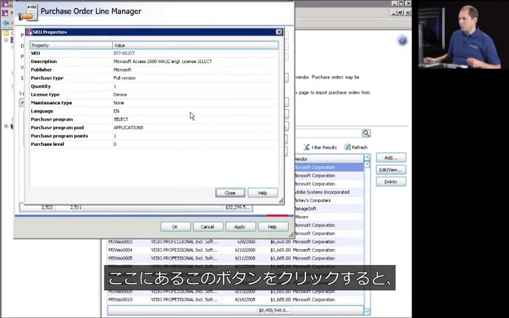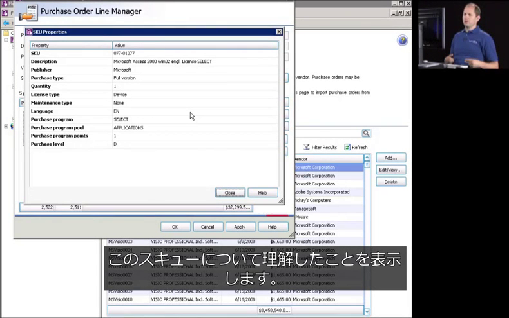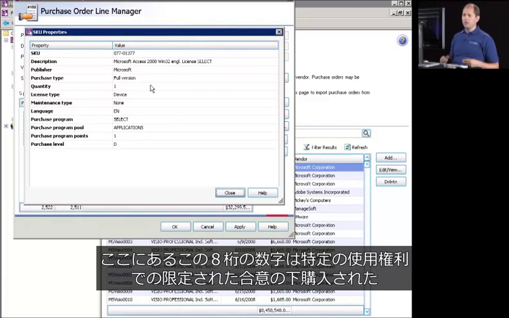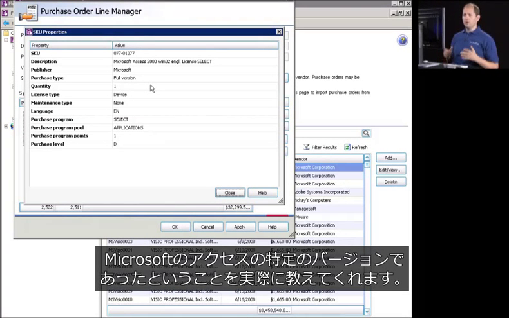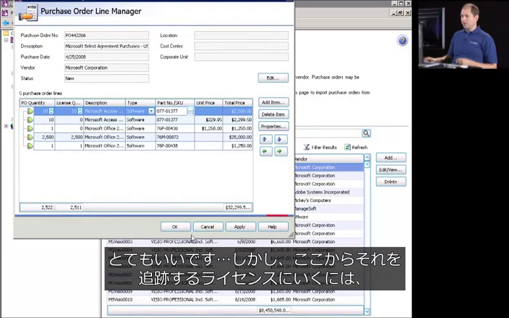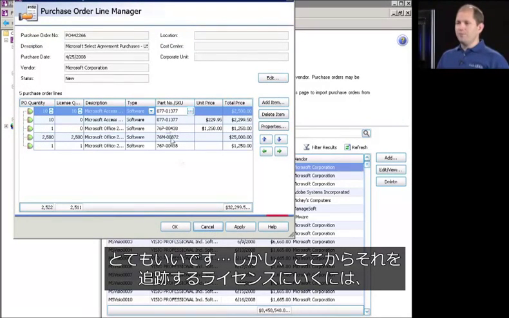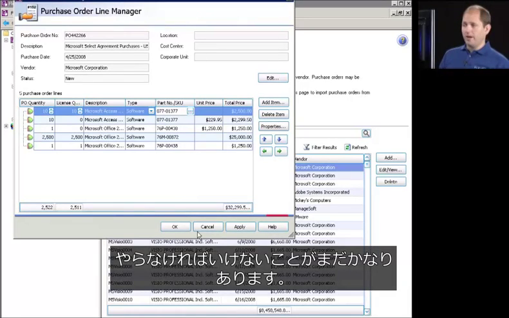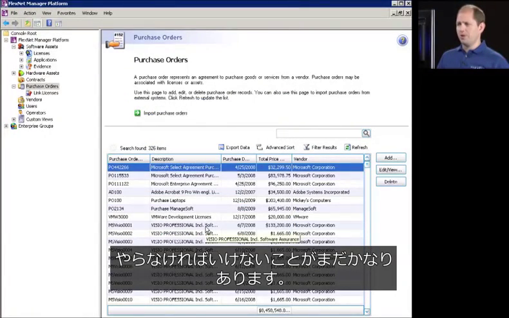If I click on this button here, it shows me what we understand that SKU to be. So this 8-digit number here actually tells us that this is a particular version of Microsoft Access bought under a select agreement with particular rights of use. Very good. But still, to get from this to a license that's tracking that, it still requires a fair bit of work.